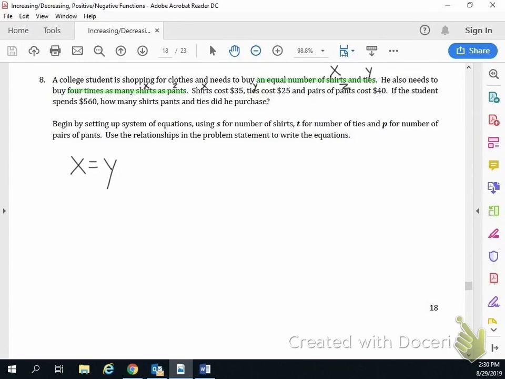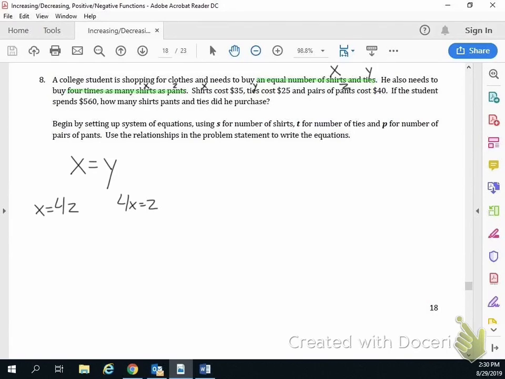So that equation, and look up here real quick, is that going to be this? Let's see, that's X and Z. Is that going to be that, or is that going to be that? He needs to buy 4 times as many shirts as pants.